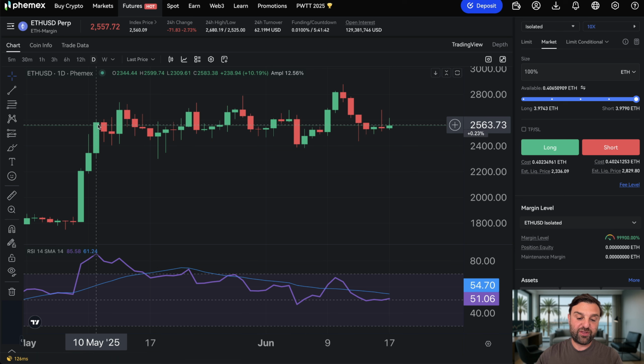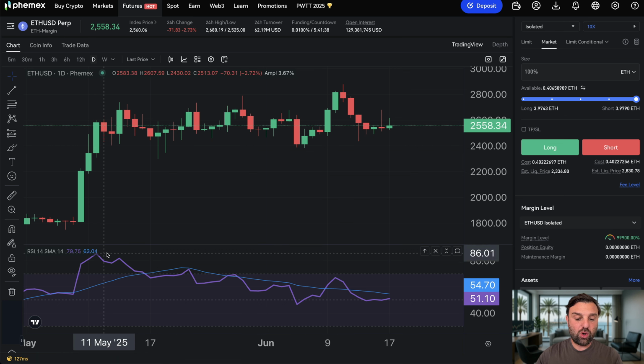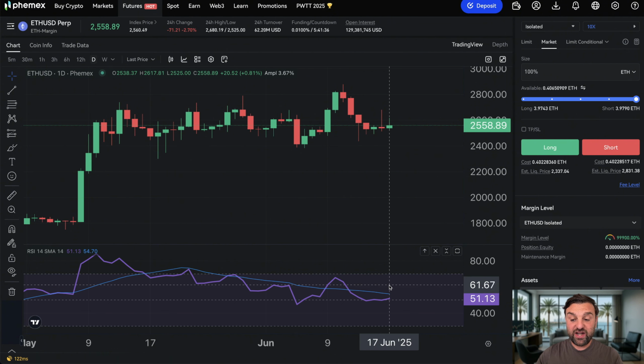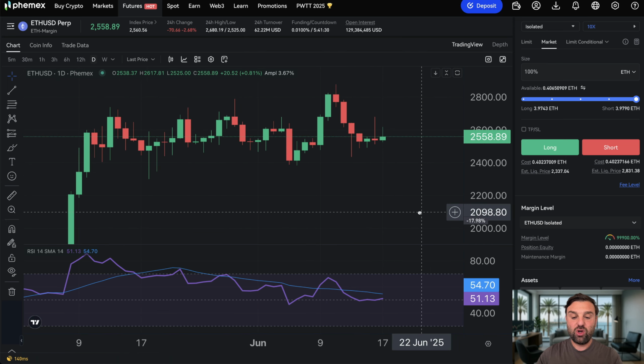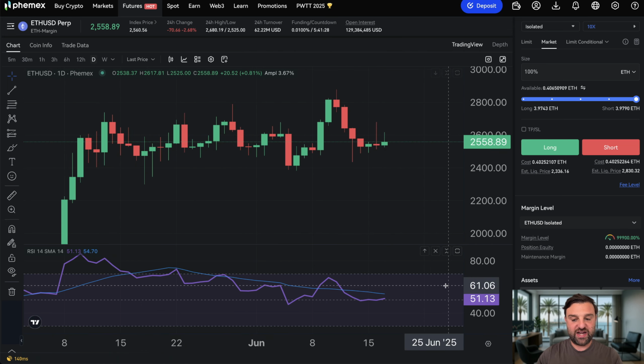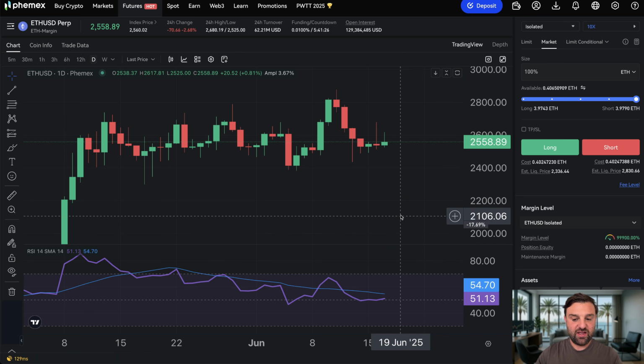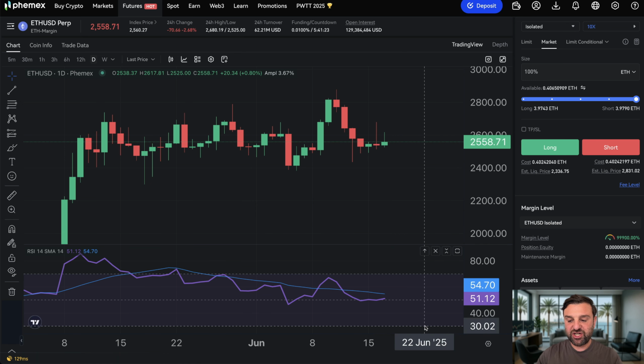So about a month ago, the price was the same, but it was way more overbought. Right now, it's way more oversold and we're beneath the moving average. So it shows us that it's far more of a valuable long right now, according to the RSI. Of course, the RSI is measured all the way down to 30, up to 70 within a normal range.